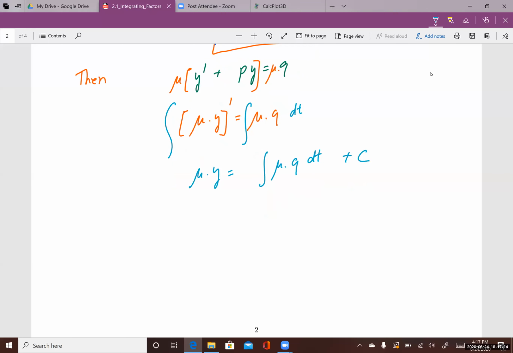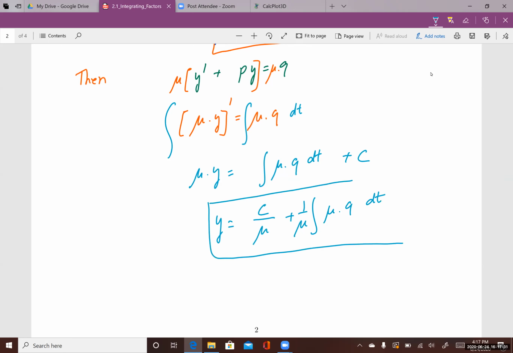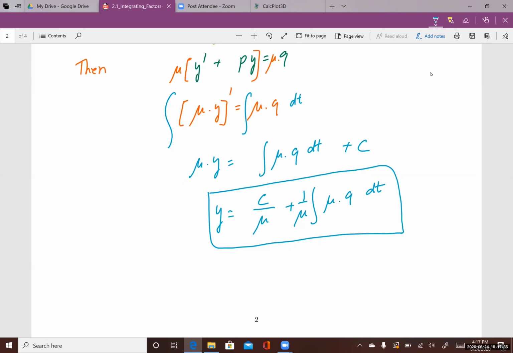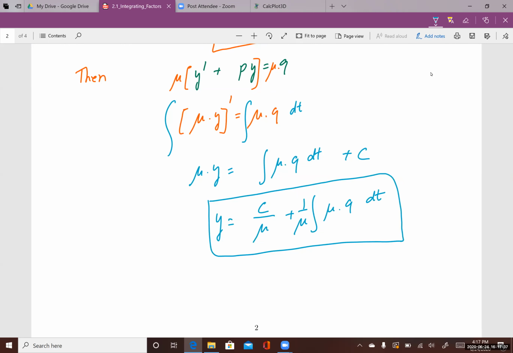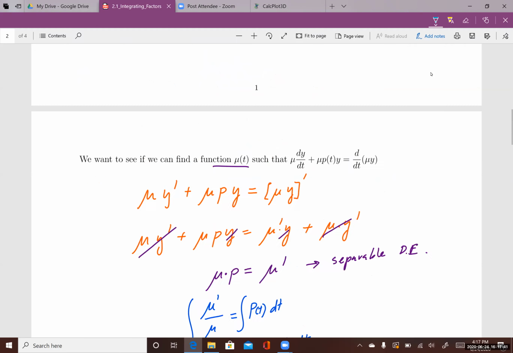Then y will be equal to c over mu, I divide both sides by mu, plus 1 over mu times the integral of mu times q of t dt. So this is the solution for this differential equation that we're looking for.